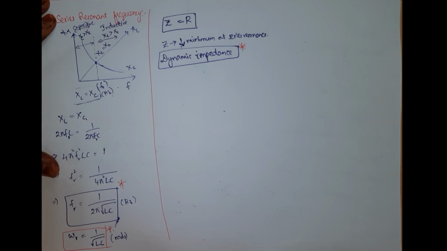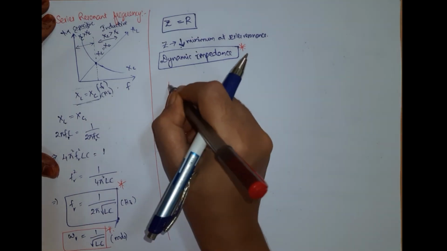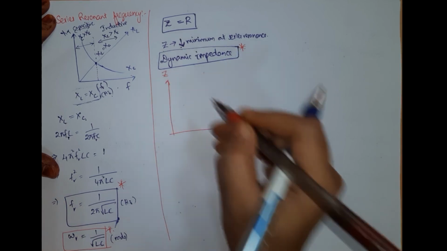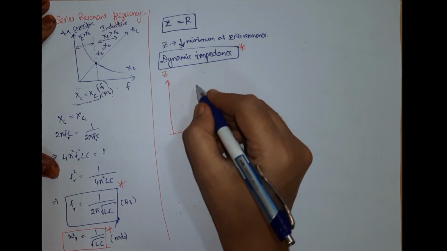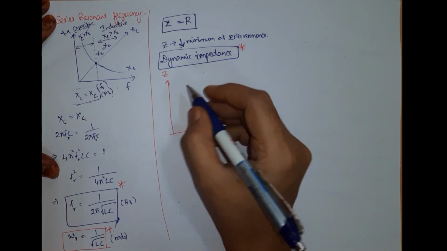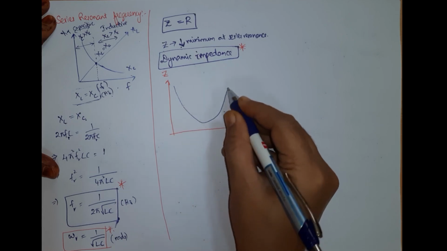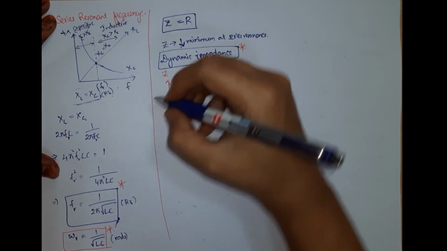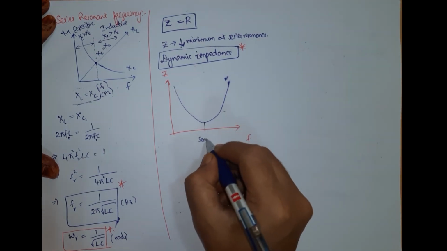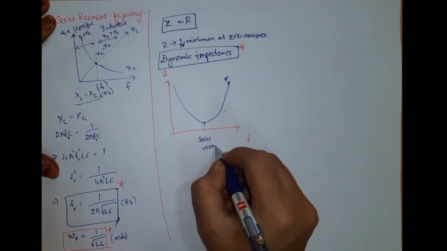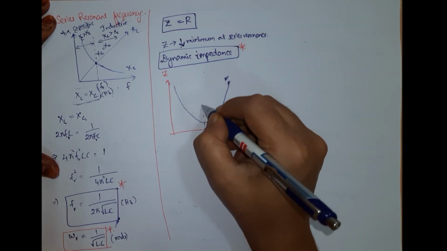Now if I try to show it graphically, let us see what happens. So this is Z, this is frequency. We have seen that impedance is minimum at series resonance, FR.